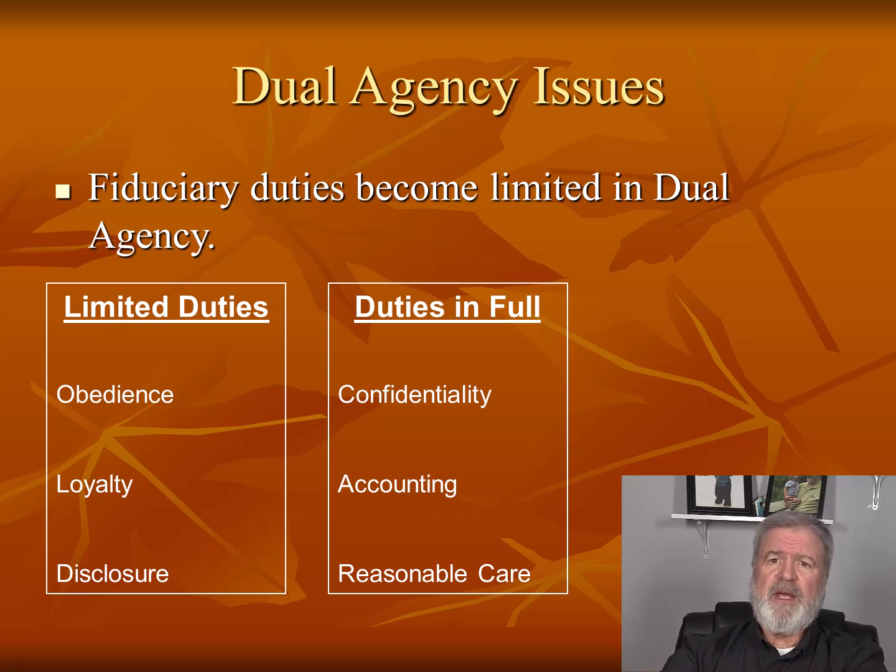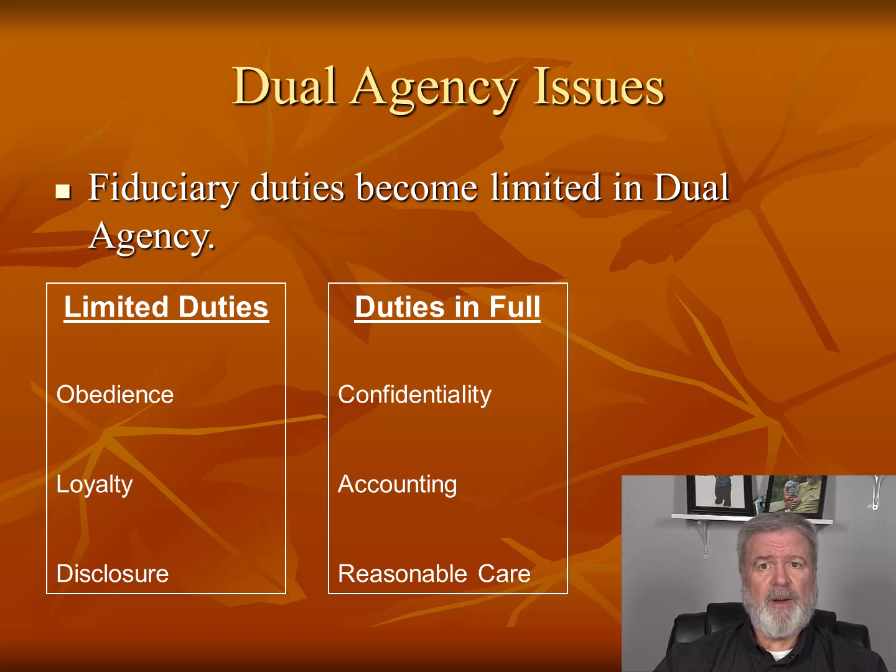For example, obedience. Buyer, you can't tell me to do something that's going to hurt the seller, because the seller's also my client under dual agency. Seller, you can't tell me to do something that's going to hurt the buyer. I can't do that. In other words, I can't do anything for one party that's going to hurt the other party, because I'm representing both parties under dual agency.